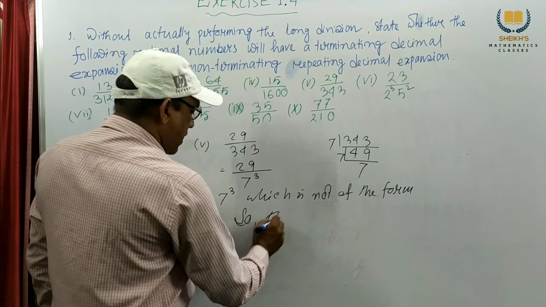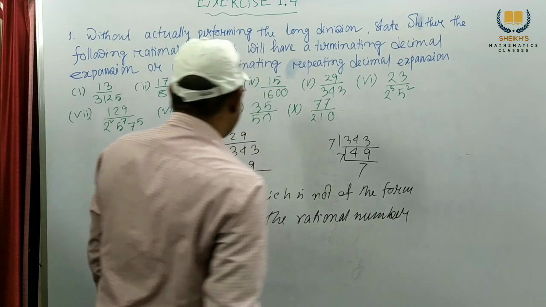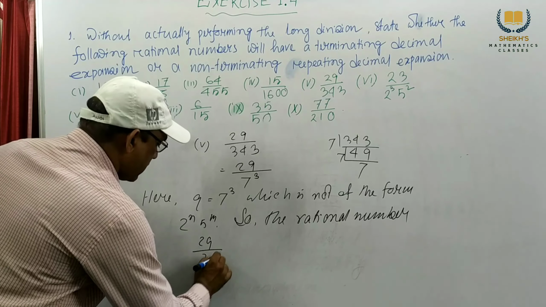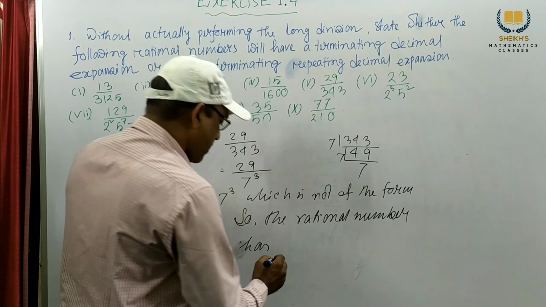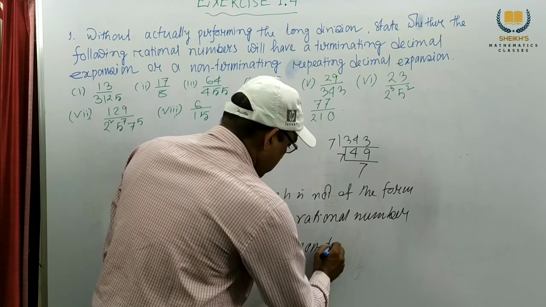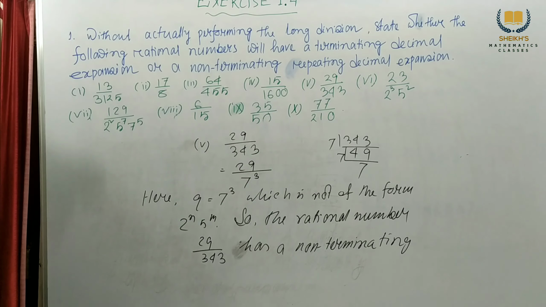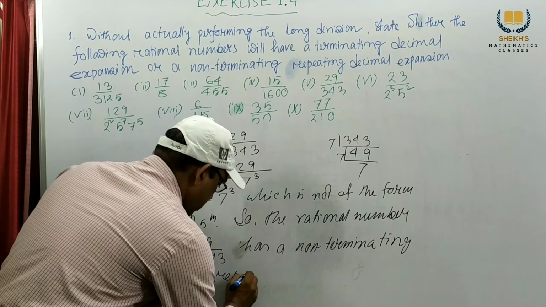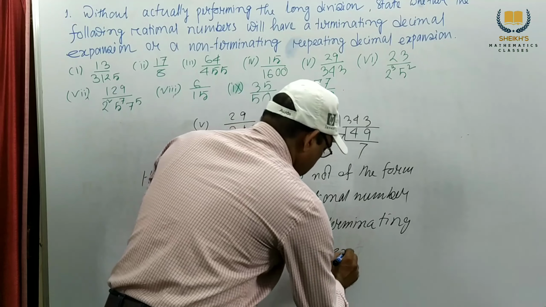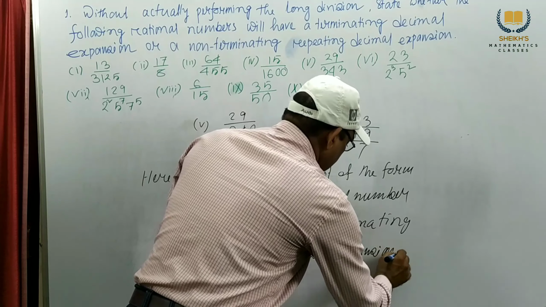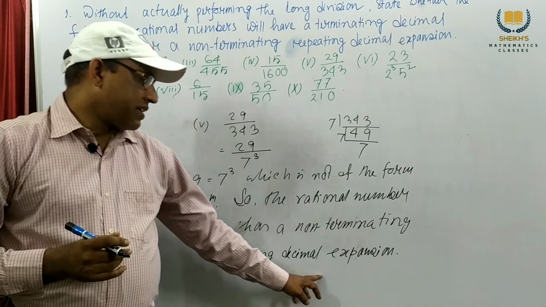So the rational number 29 by 343 has a non-terminating repeating decimal expansion.